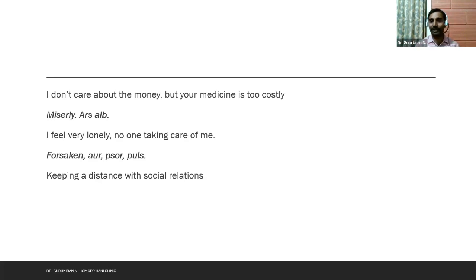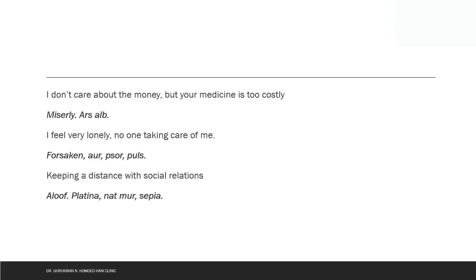The patient will be very social. If not, if he is keeping a distance with social relations, what is it considered as? Aloof. So the main remedies that come out are platina, natrium, sepia. If the patient is not mingling with others on these social media platforms, we can think of the rubric aloof.